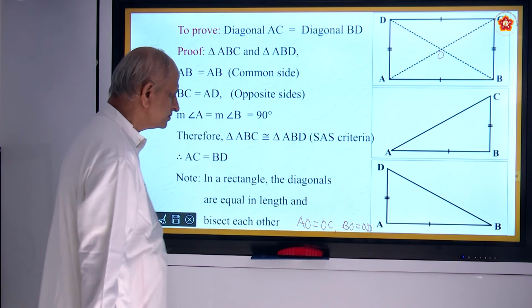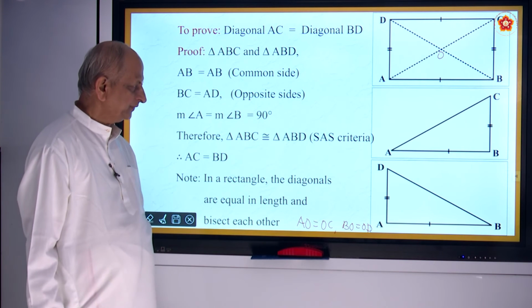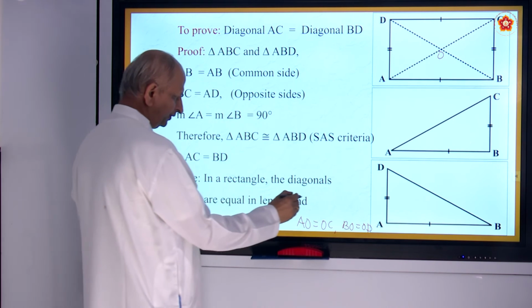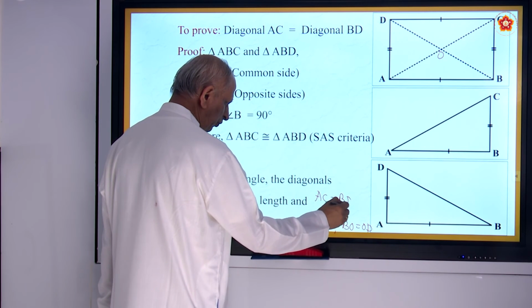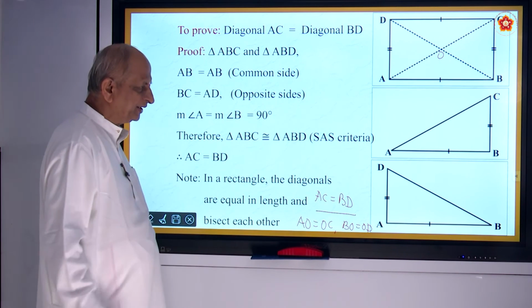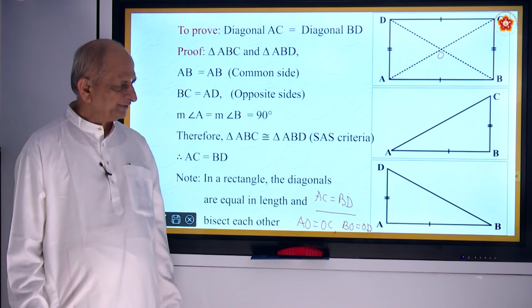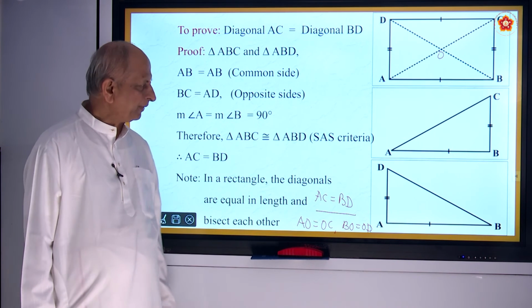That is the meaning. Equal means AC is equal to BD. This is what you have just now proved. So this is the result we are getting. With this, shall we solve one problem now?